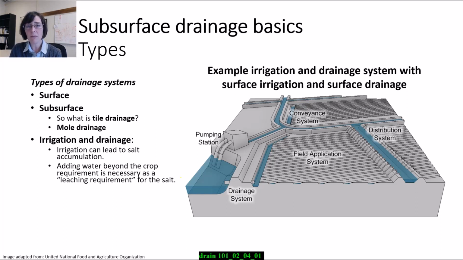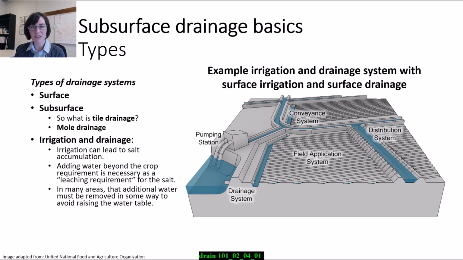And this leaching requirement that you add on in addition to the water that's required just for the plants leaches those salts out of the root zone. But as you leach those salts downward, you are at risk of raising the water table because you've added more water than the plants actually need. And so in many areas, you have to remove that additional water to avoid raising the water table, hence you need a drainage system.